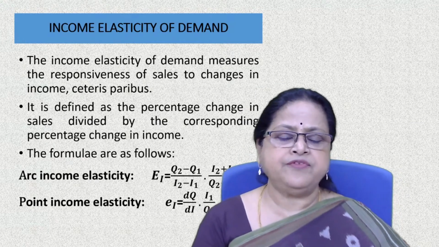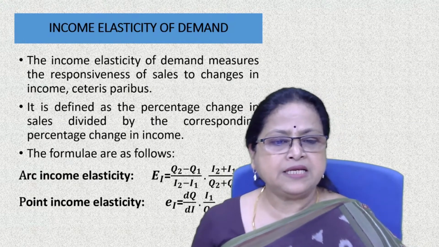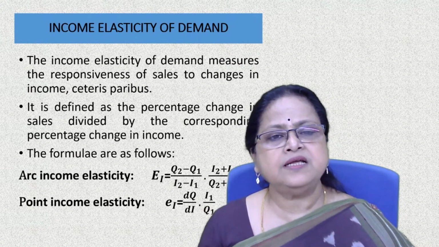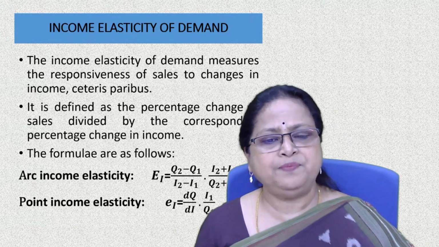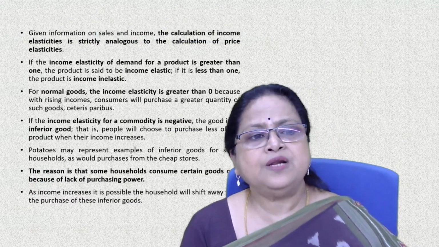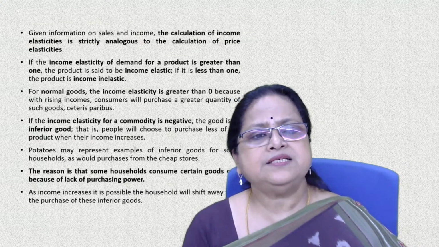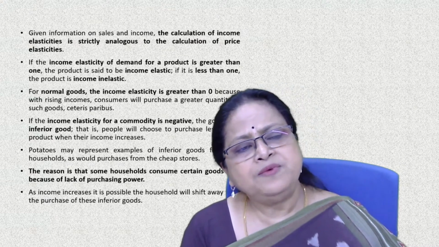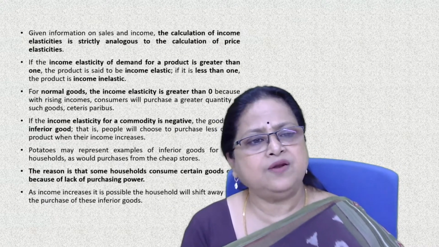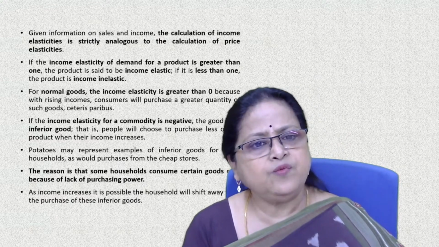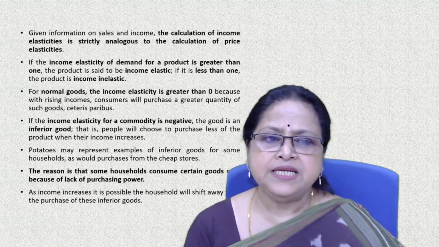The formula remains the same for arc income elasticity and point income elasticity, only I is substituted for P. Given information on sales and income, the calculation of income elasticity is strictly analogous to the calculation of price elasticity. If income elasticity of demand is greater than 1, the product is said to be income elastic. If it is less than 1, it is said to be income inelastic.